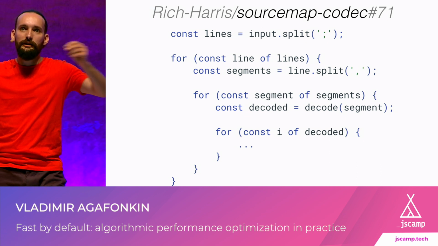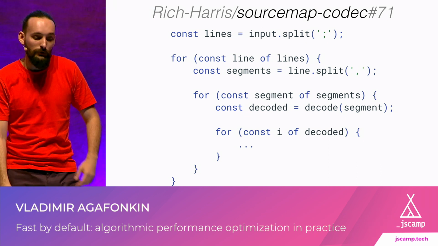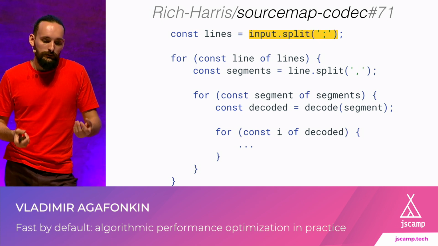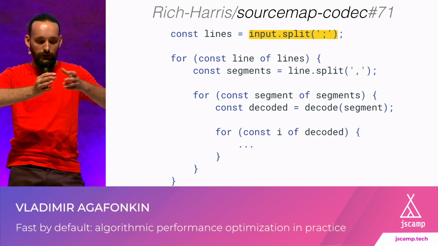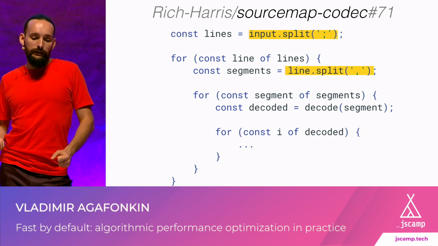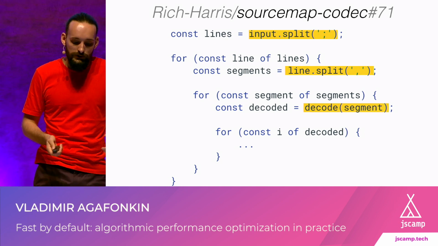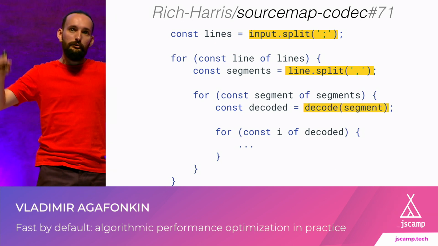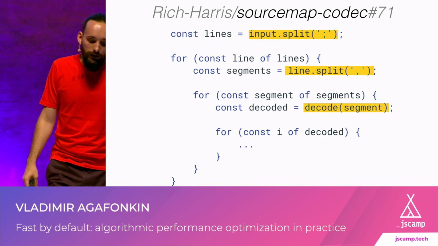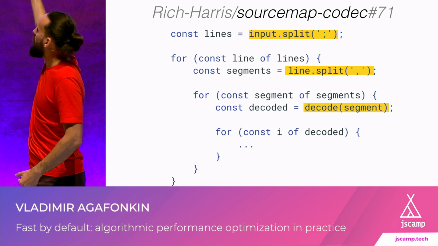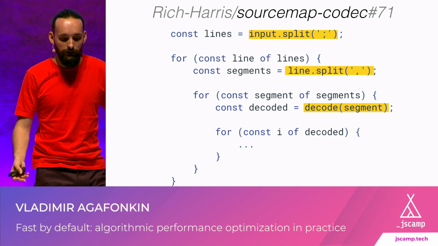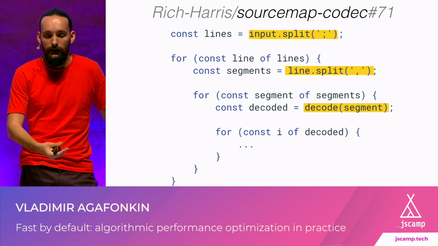Particularly, decoding a string into an object was slow, and this is what it essentially did. It took a string, split it into lines, then for each line it split into segments. Each segment it decoded into an array of numbers, and then it did something with that array. At every iteration, it generated new arrays that it discarded afterwards.